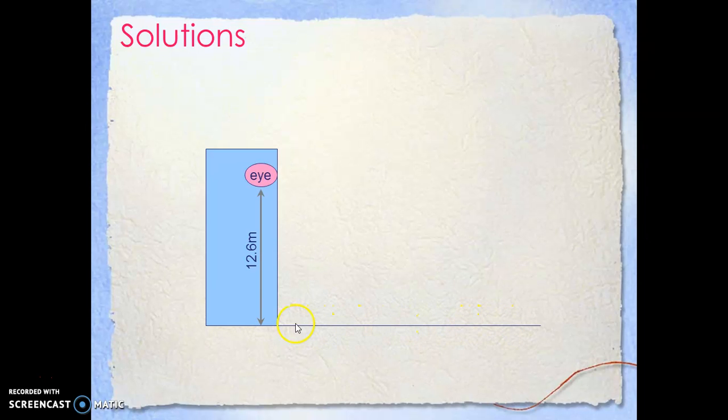This is the level ground, and it is 12.6 meters. Okay, an object here is 58.5 meters away from the house.